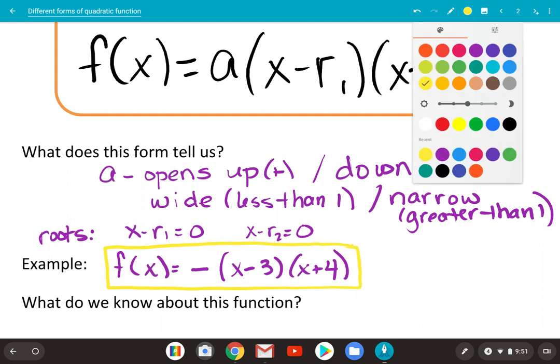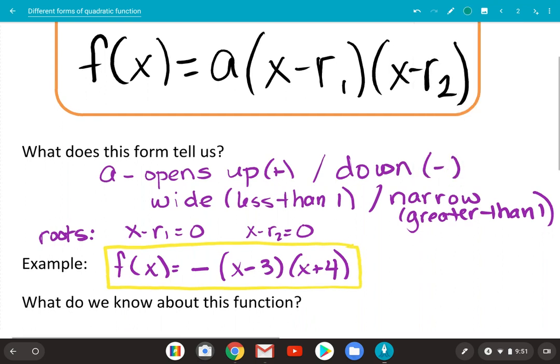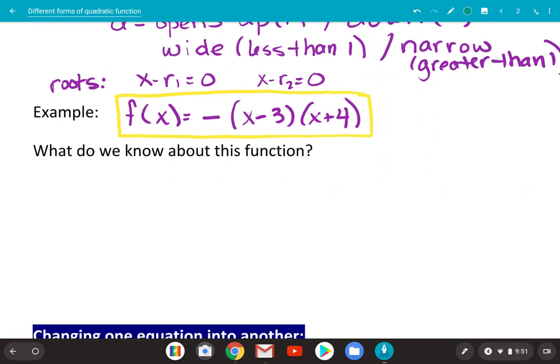If we want to figure out what we know just by looking at that equation, we can see it is going to open down. It's not wider or thinner because of the negative 1, and it's going to stay the same.